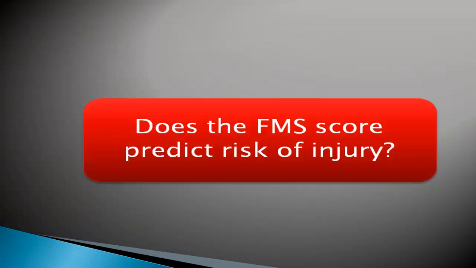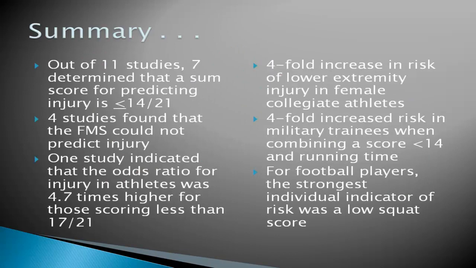Does the FMS score predict risk of injury? Out of 11 studies, 7 determined that a sum score for predicting injury is 14 or less out of 21. 4 of the studies found that the FMS could not predict injury. And one study indicated that the odds ratio for injury in athletes was 4.7 times higher for those scoring less than 17.